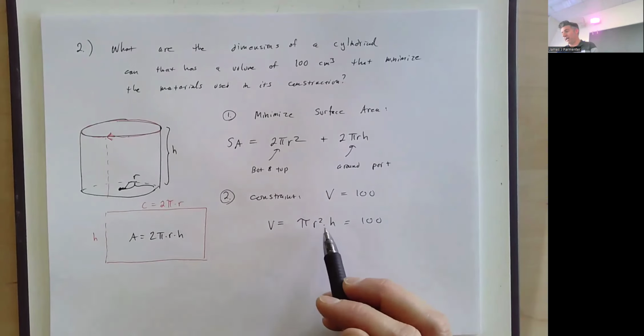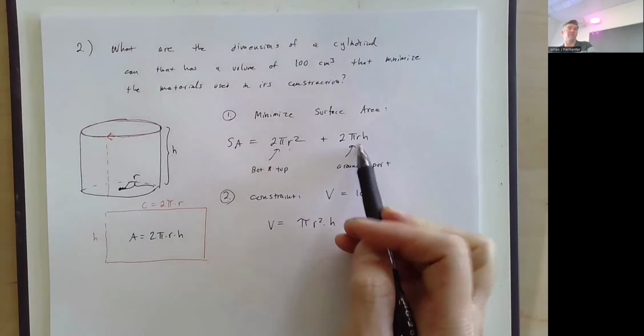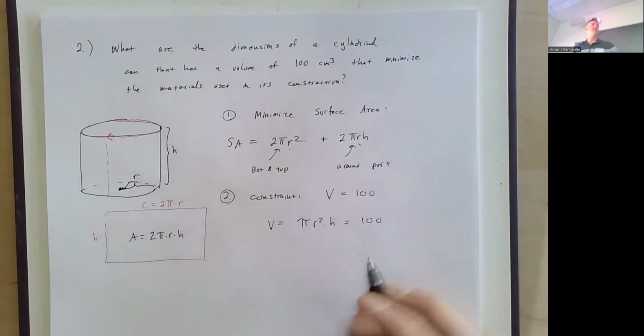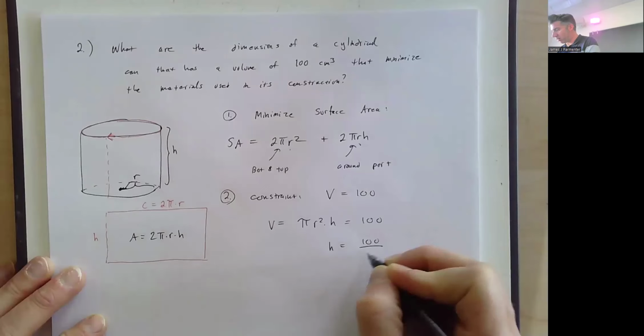And two, I'd have to plug R into both that spot and that spot. So it's just less work to solve for H to plug in there. So usually, if it seems like one's a more obvious choice, pick that one. If things start looking terrible, you might try going the other way. And we'll say things are going to start looking terrible here because of the nature of these numbers. So here we're going to get H equal to 100 divided by pi R squared.